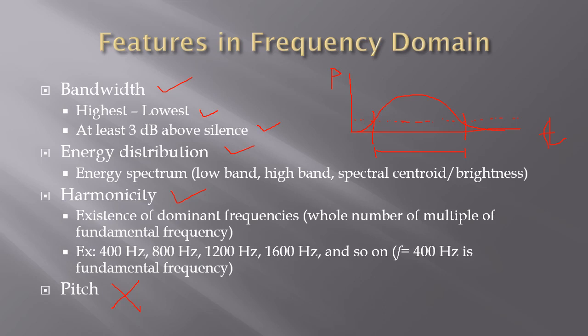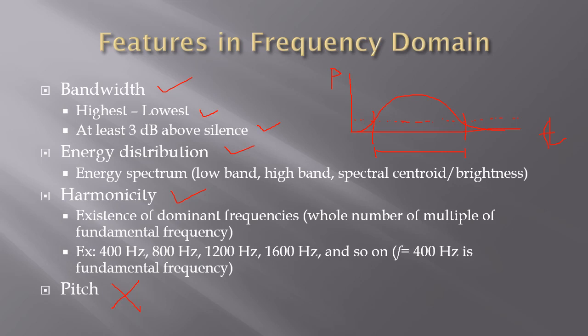Okay, where do we use the bandwidth information? It could be, for example, in pre-processing of a signal, just to make sure whether the sound is coming from the voice of a human or from, let's say, music.